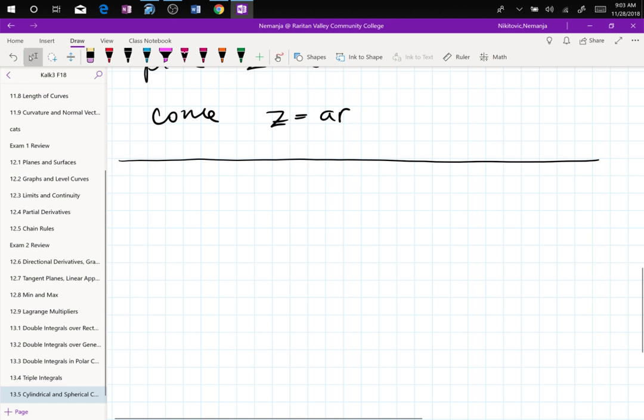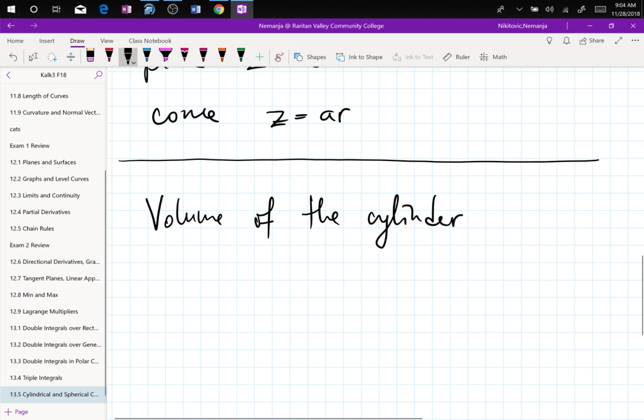Volume of a cylinder without anything special going on. So volume of a cylinder. This would be technically your rectangular integral for cylindrical coordinates, and that is numbers all around.